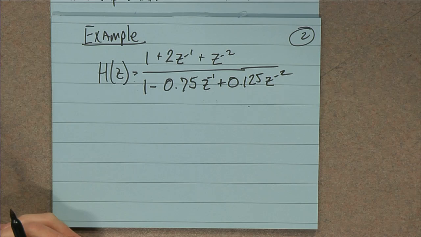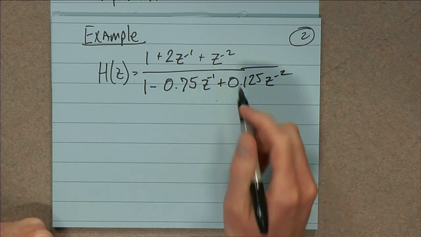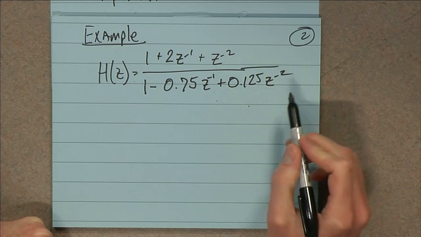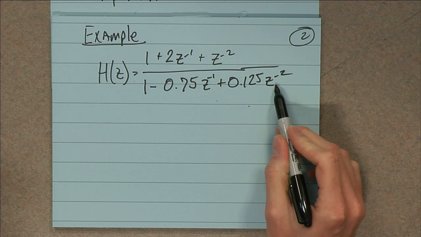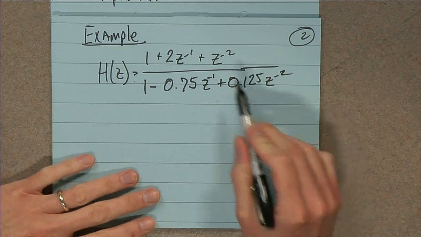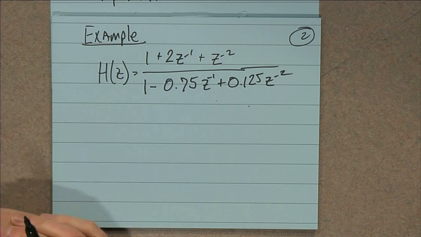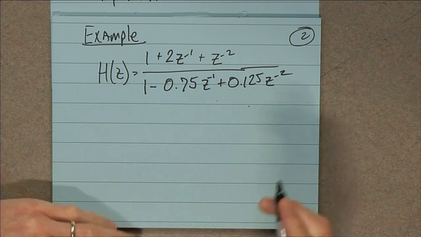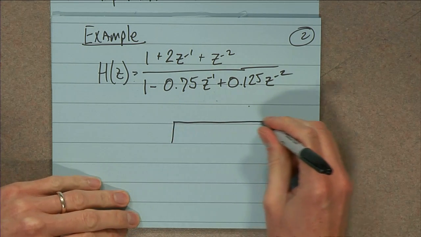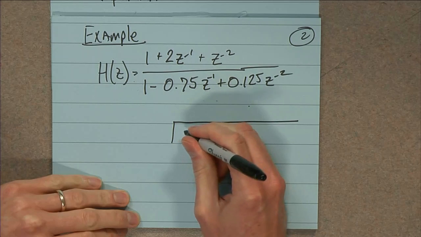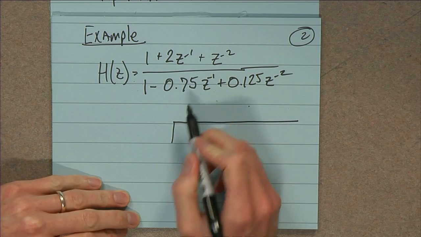Well, the first thing we're going to do is look at it. The degree of the numerator is z to the minus 2. The degree of the denominator is also z to the minus 2. So that should be a warning right off the bat. We need to do long division. So if we do that, we'll start that process. So all this divided by all that.